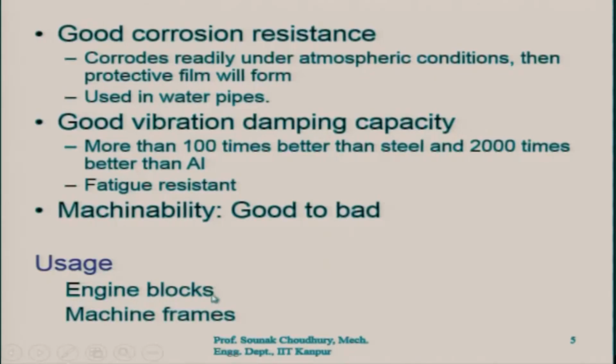So, it is a hard material, and while machining it will have discontinuous chips, and therefore, we say that machinability is not very good, but not so bad. Now, usage: cast iron is used widely in making engine blocks or machine frames.